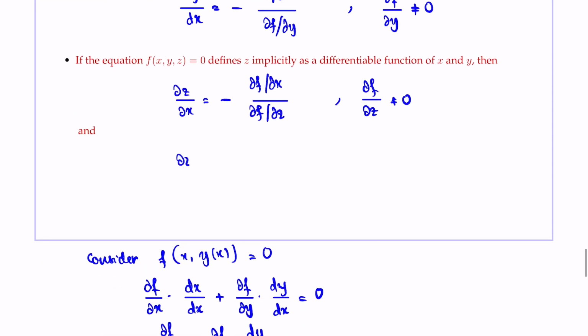And you have partial z partial y is equal to negative partial f partial y divided by partial f partial z, given that partial f partial z is different from 0. And we can have very similar derivations for these two formulas if we follow the same instructions from these derivations.